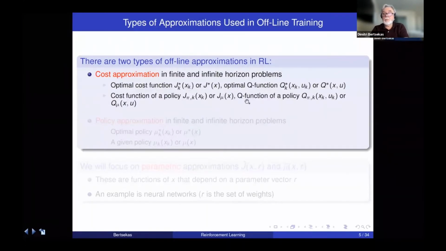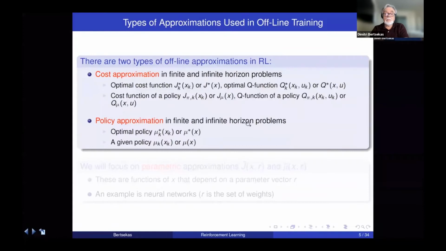We're also interested in approximating Q functions of a policy in a finite horizon or an infinite horizon setting. So all of this is cost approximation. The other thing that we want to approximate is policies. Again, in either finite or infinite horizon settings. We may want to approximate optimal policies, or we may want to approximate given policies.